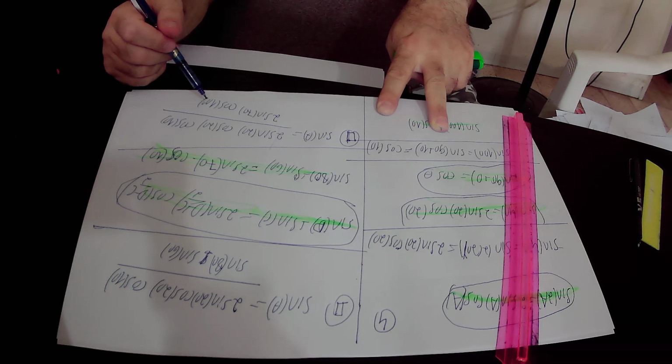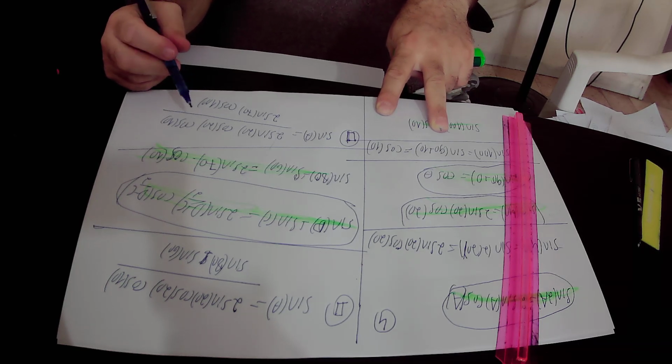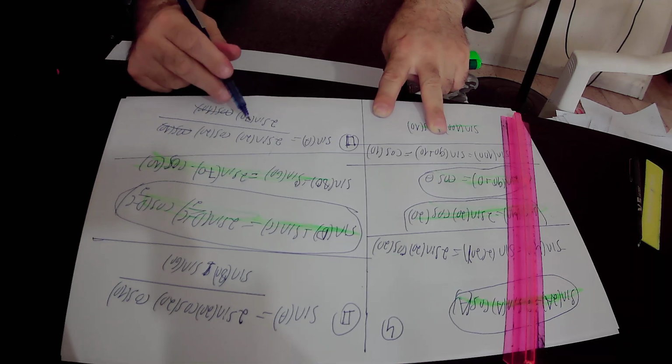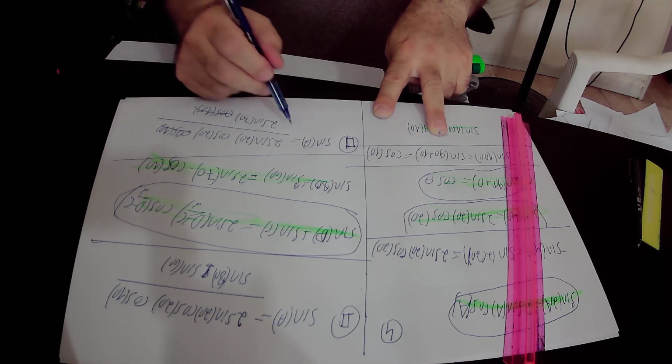We have cos 10 degrees in the numerator and cos 10 degrees in the denominator, so cos 10 degrees will get cancelled. We have 2 in the numerator and 2 in the denominator, so 2 will get cancelled.